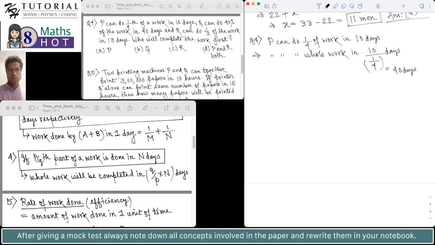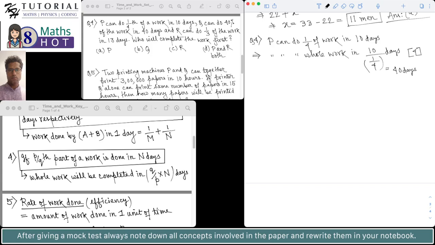Q by P is the reciprocal of P by Q. So the concept applied was 4. It is given in this problem that P can do 1/4 of work in 10 days. So P can do the whole work in 4 by 1 multiplied by 10, that is 40 days. Okay.